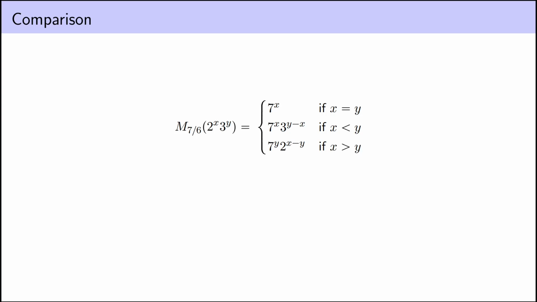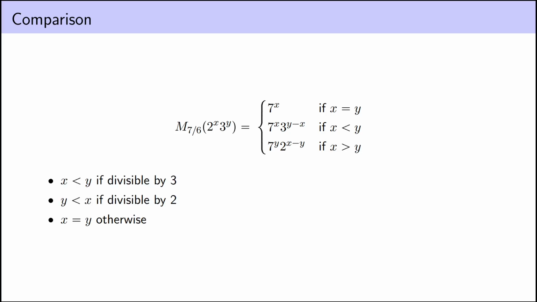If x is greater than y, the reverse happens. We can multiply by 7/6 y times, getting rid of the 3's and y of the 2's, and giving us y 7's instead. The result isn't divisible by 3, so we can't multiply by 7/6 again. So now, by detecting which of these cases we fall into, we can determine how x and y compare.